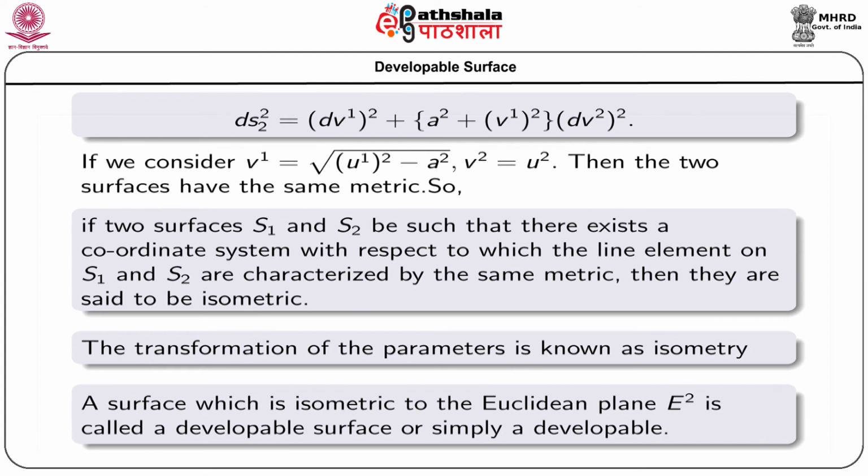Now, we come to the definition of developable surface. A surface which is isometric to the Euclidean plane E2 is called a developable surface or simply a developable. So, when a surface is isometric to the Euclidean plane E2, it is called a developable surface.